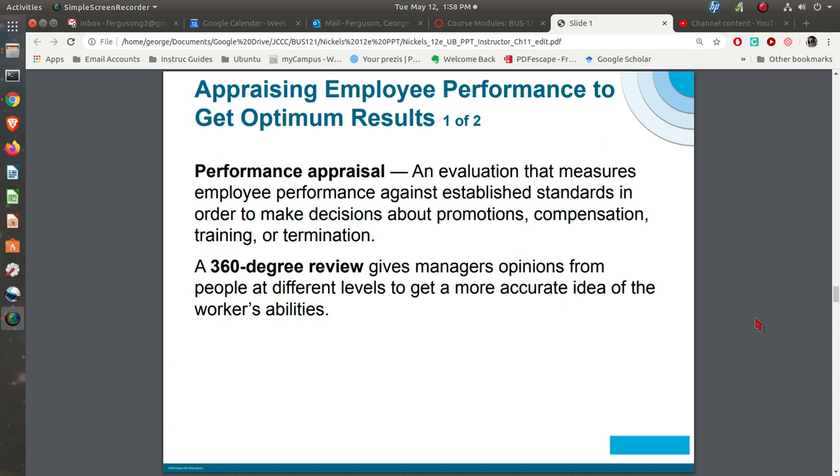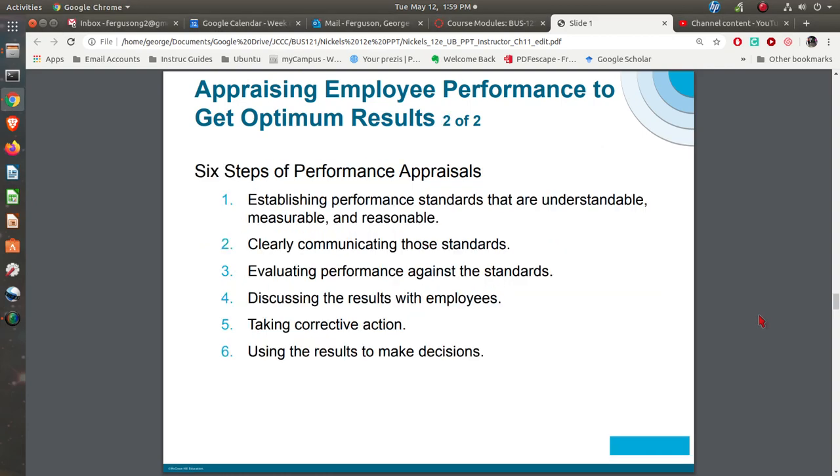Personally, I love those. Many times, my boss never really knew everything that I was doing. It was the feedback that came from my customers, from my peers, that really did help my boss understand what the job was that I was doing.